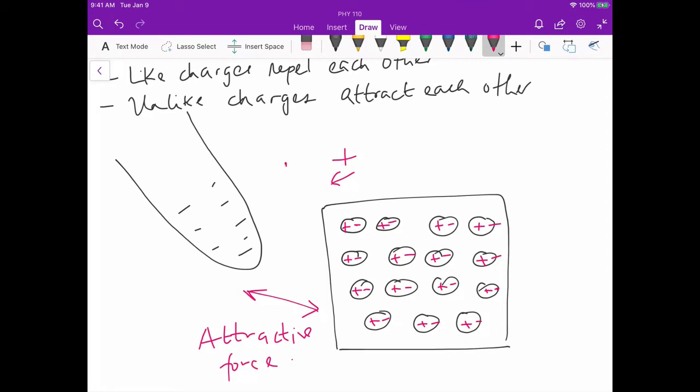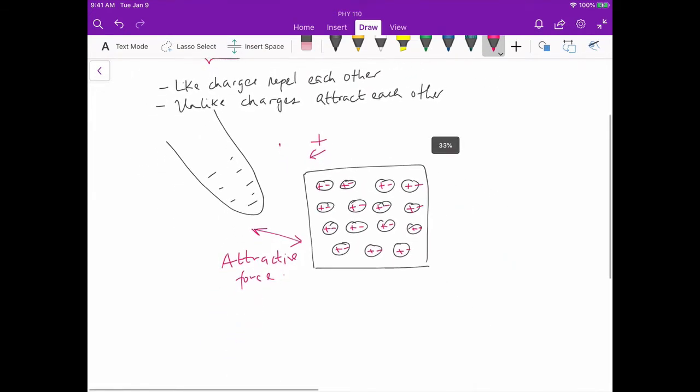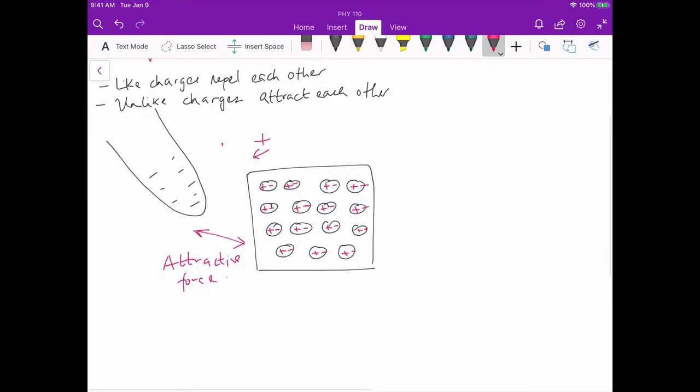Likewise, if you rub a glass rod with a silk material, the glass rod will let some of its negatively charged particles jump onto the silk, and it becomes a positively charged object itself. So in general, that's why you see those kinds of attractions. Just keep in mind that there are positively charged and negatively charged particles inside every object.